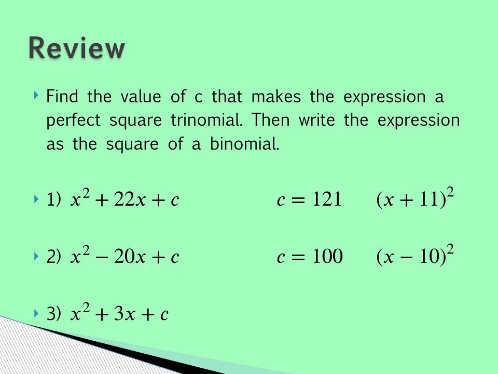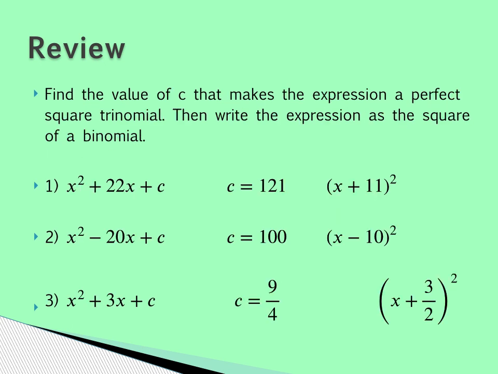When we square that number for our C, when you have a fraction, you really just square the numerator and denominator separately. So if I take 3x and divide it by 2, I get 3 halves. If I square that, I end up with 9/4. And then for the binomial, you get x plus 3 halves, and that's squared.